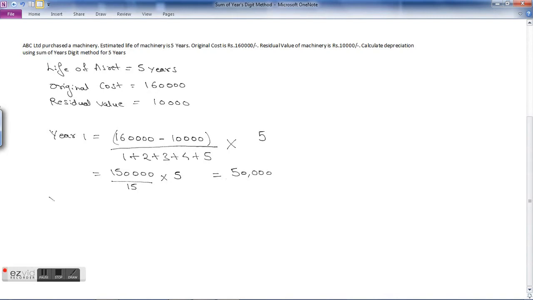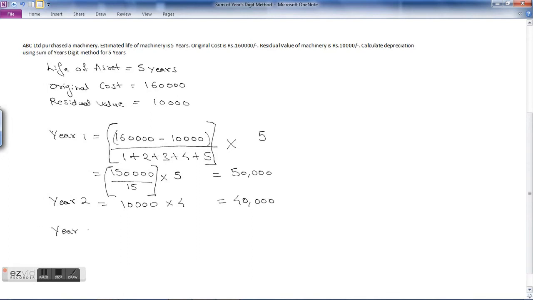Okay, now year 2. Now this part of the formula will remain the same for year 2 also. Correct? Only the number of years will change. So the formula will be 1,50,000 divided by 15 into 4, that is 10,000 into 4. So depreciation is 40,000.